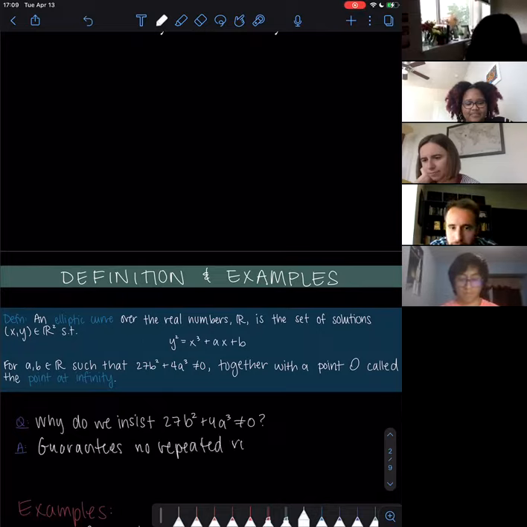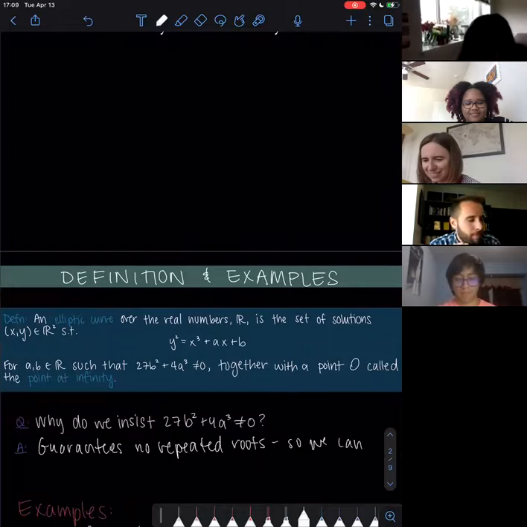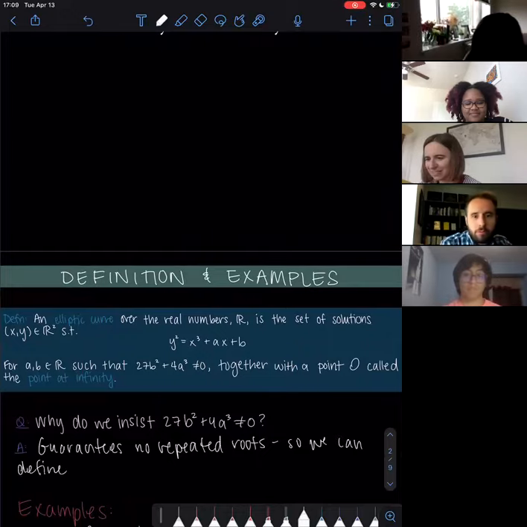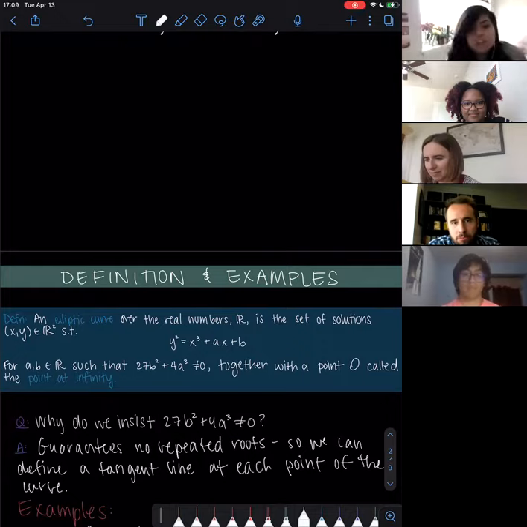And the reason we want this is so that we can define a tangent line at each point of the curve. Sometimes I'll say curve, elliptic curve, I'll call it E, or I'll shorten it as EC for elliptic curve, but they all mean the same thing.